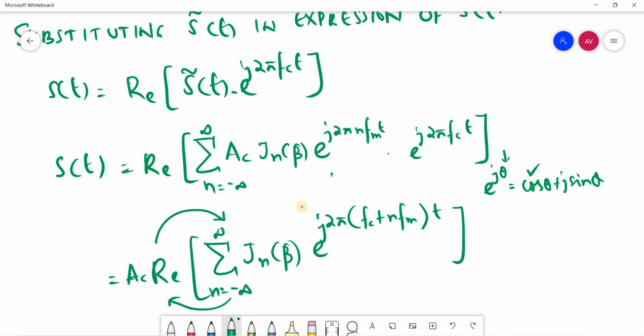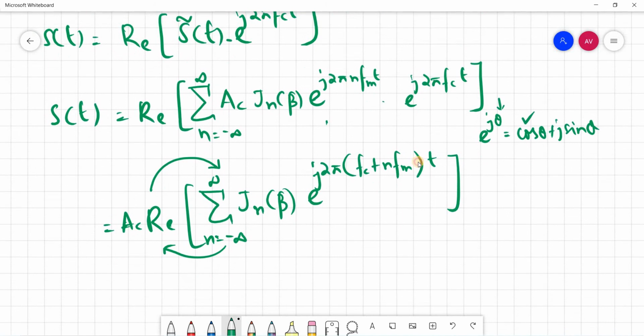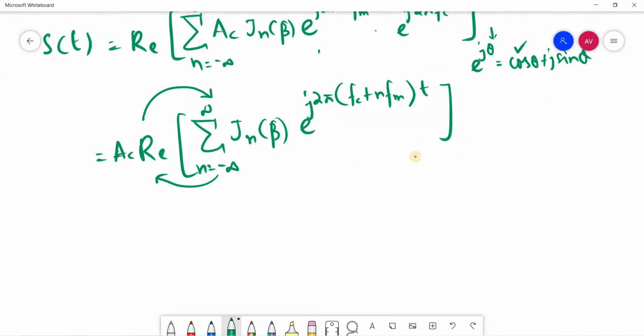So if I rearrange this, I'll rewrite it: s of t is equal to ac times, I'll just reorder the summation and real part operation, so summation n from minus infinity to infinity.